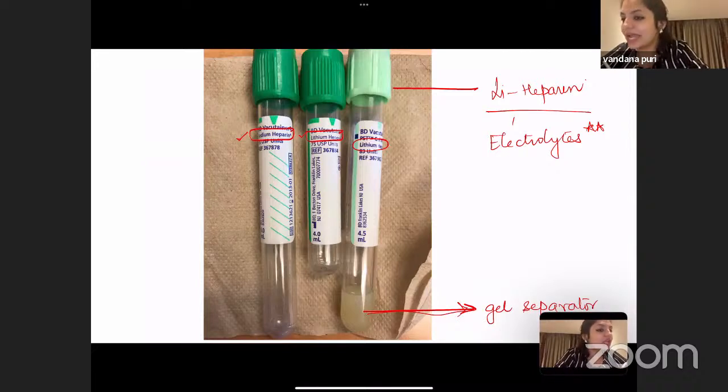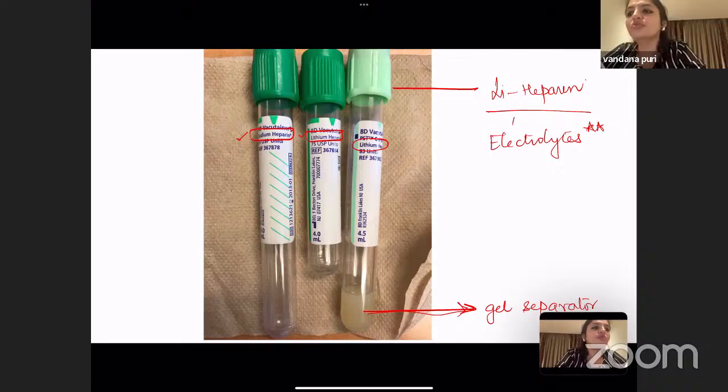So whenever we have a light green color heparin vacutainer, it has a gel separator. Point to be noted here, guys, lithium heparin is the preferred anticoagulant for electrolytes. That's the question that was asked in your INICET exam, right? So that is what you should be very clear with. Okay, understood about heparin?